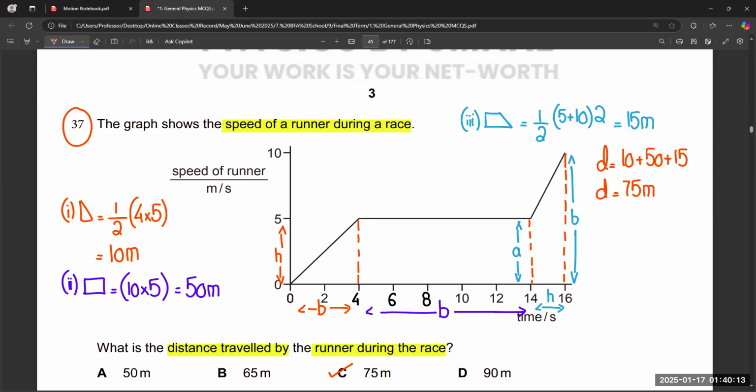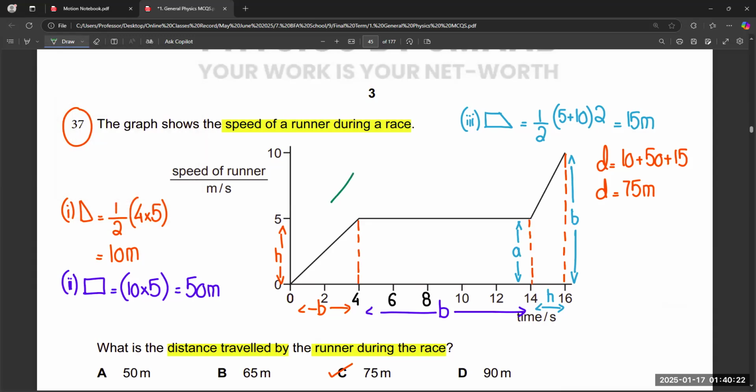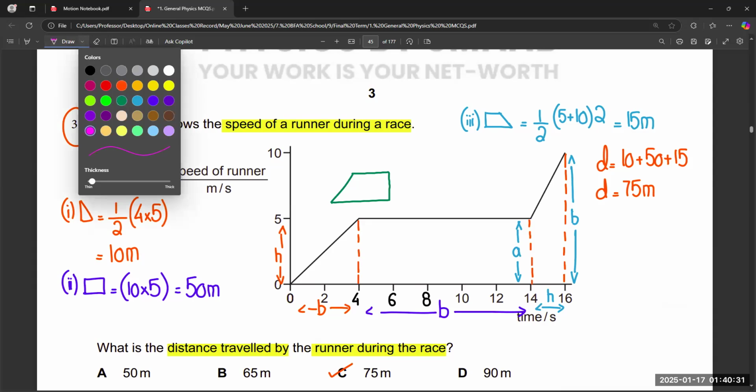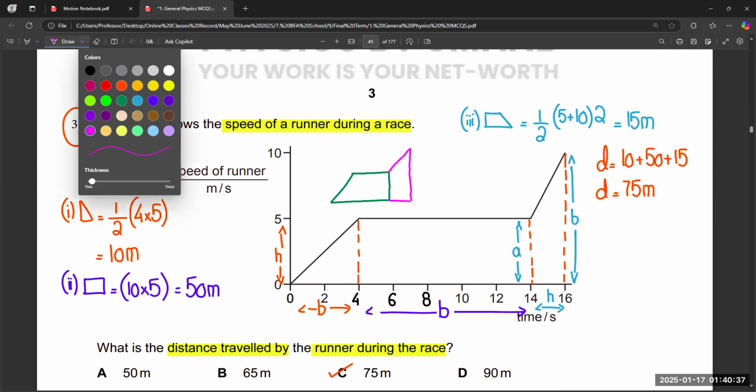So basically, this is the first method that we can use. The other method is you can split into two trapeziums. The first one is given like this, and the second one is like this. So you can also use the two trapezium method.